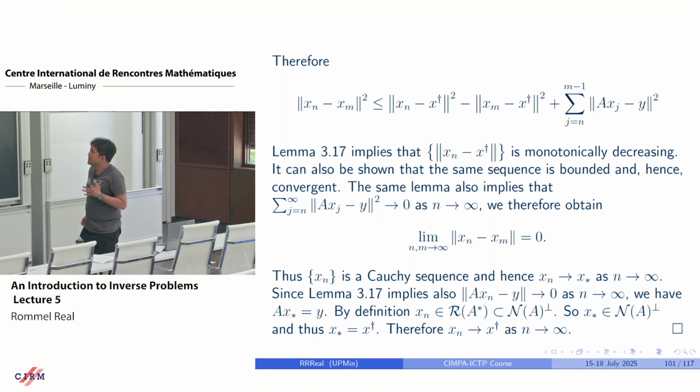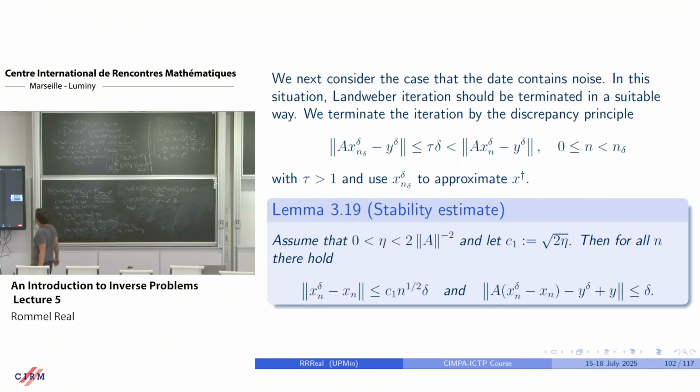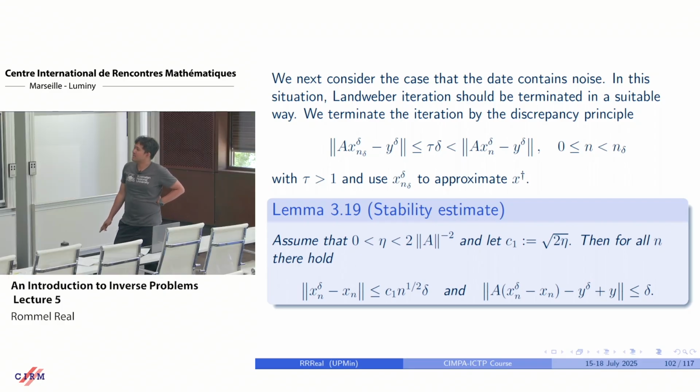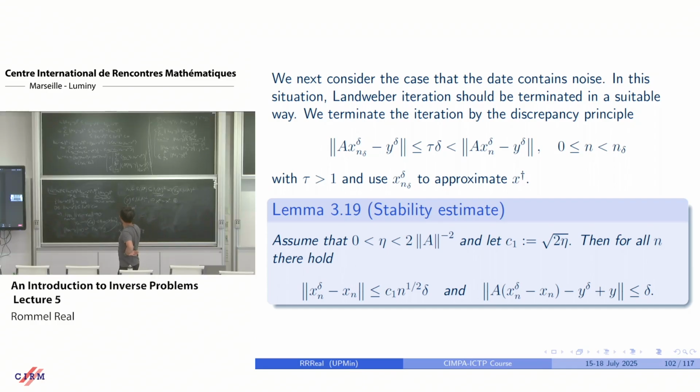Okay. So now what's left to do is the convergence of the method where you have noisy data. So same as in Tikhonov regularization, we need to fine-tune the regularization parameter accordingly. And as we mentioned earlier, the number of iterations now plays the role of the regularization parameter.